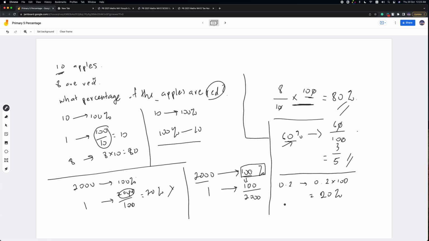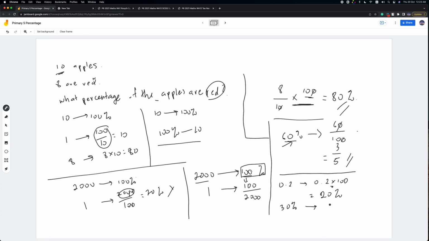And if you want to do the opposite, if you have, let's say, 30%, you want to change to a decimal. Maybe we'll just do the simpler way. Okay, there's more than one way to do this. You just do the opposite.